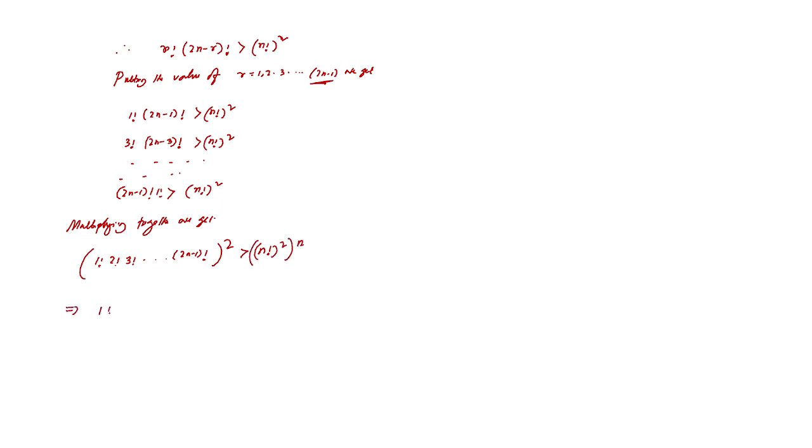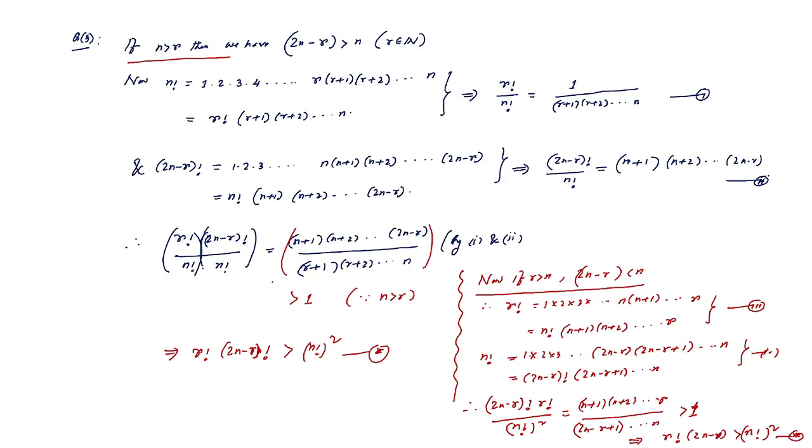So that means 1 factorial into 3 factorial into 5 factorial multiplied up to (2n minus 1) factorial, this value is greater than (n factorial) to the power n. So we have achieved the value.